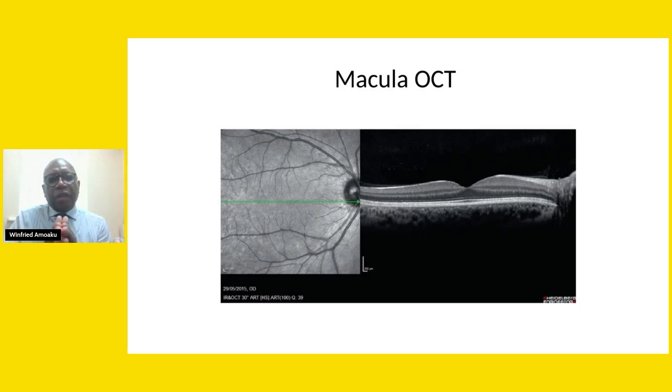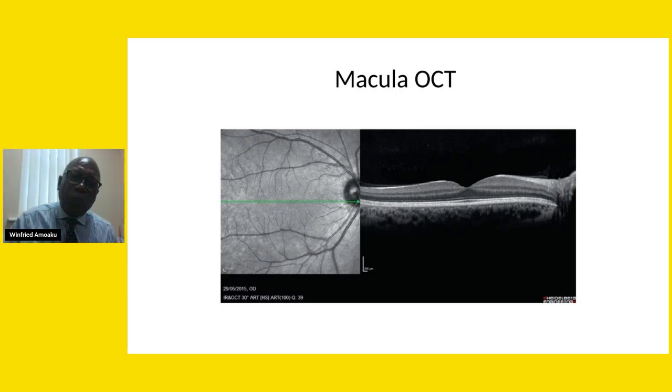So this image here shows you a scan of the back of the eye called the optical coherence tomography, OCT for short, which most of you would have heard of in the clinics. And the OCT, it's a very fine invention, gives you a cross-section view of the retina.